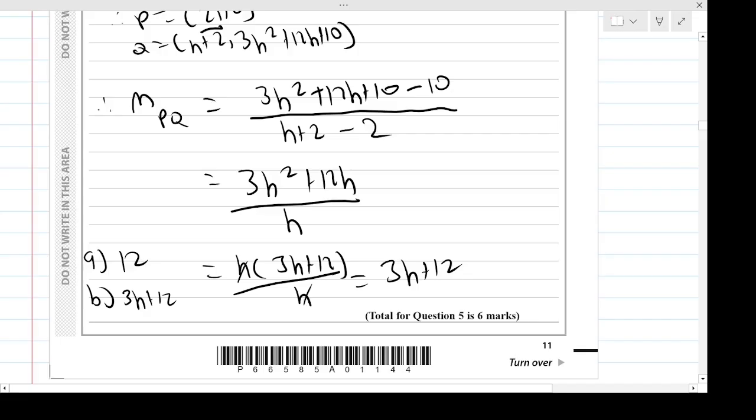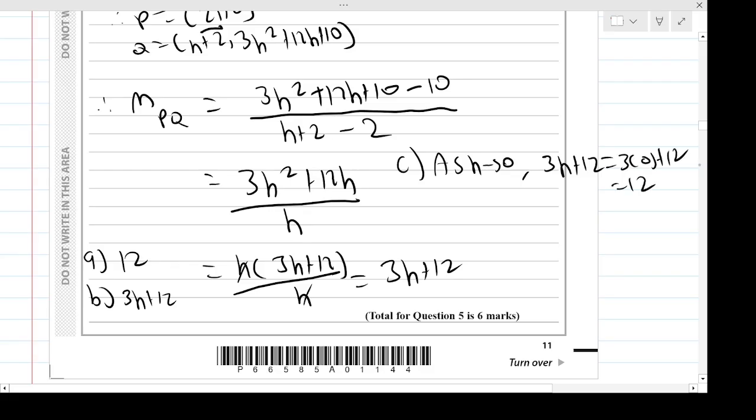Well, hopefully you recognise what we've done here. It's kind of first principles, but in disguise. So remember, the end step with first principles is we let this h go to 0. So actually, the relationship is, as h tends to 0, 3h add 12 tends to 3 lots of 0 add 12, which is your 12.